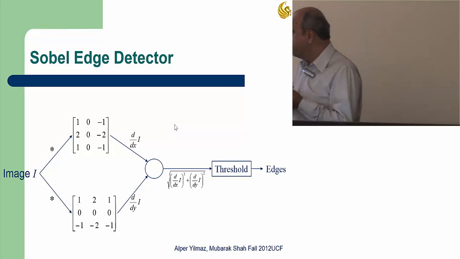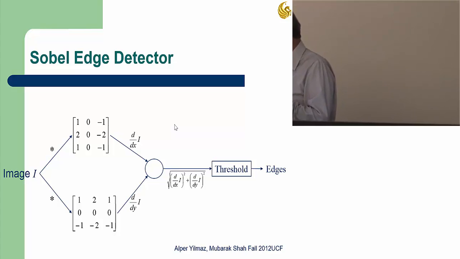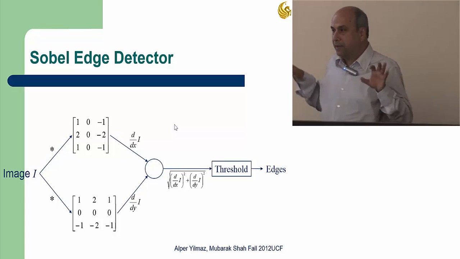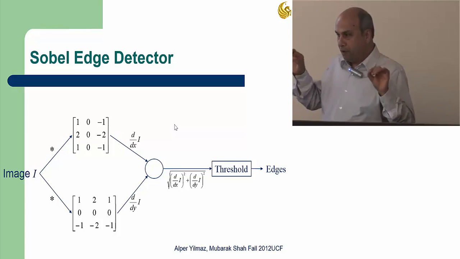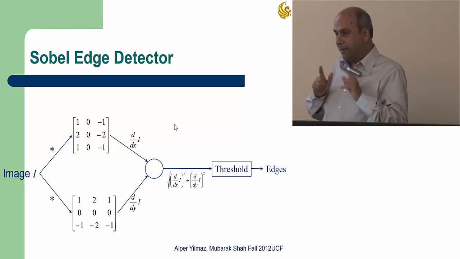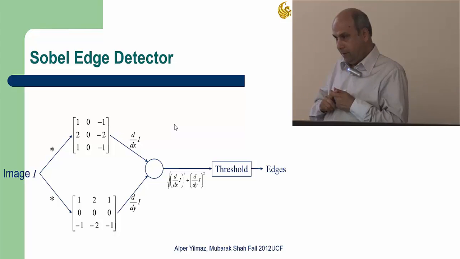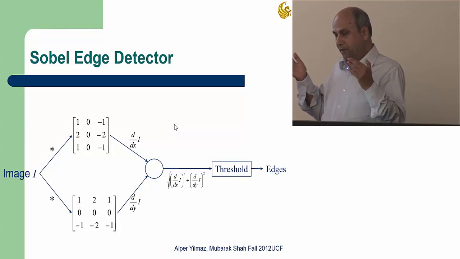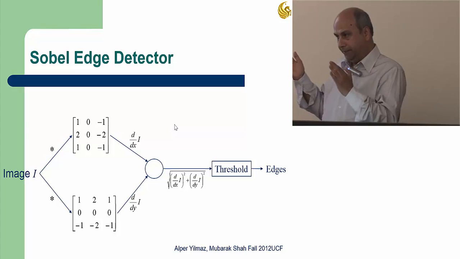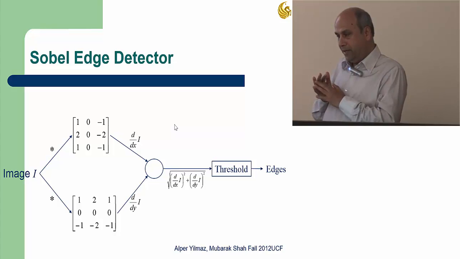Yes? That step would be the same for Prewitt as well, only that we would use a different mask. Exactly the same. Yes, it'll be the same in all. Because see, this is a basic definition: you have a function, you find the gradient of that function. This function is of 2 dimensions, f of x, y. Now you differentiate with respect to x, and differentiate with respect to y.